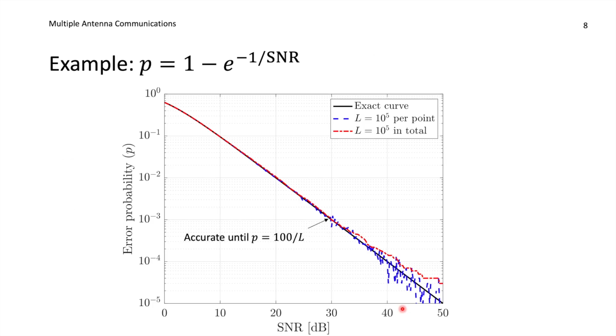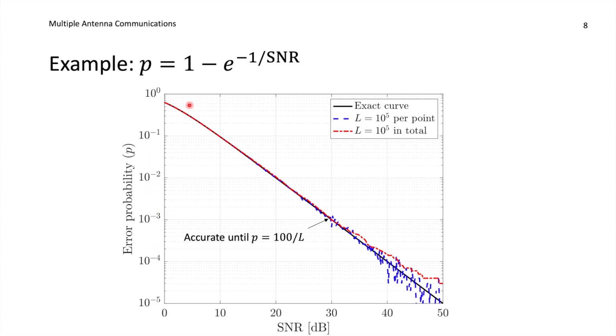And here's an example of this. In this case, the error probability is equal to 1 minus e to the power minus 1 divided by some kind of signal-to-noise ratio. And this is typical in communication systems, that the signal-to-noise ratio is determining our error probability. So here I'm showing the signal-to-noise ratio in decibel scale along the horizontal axis and the error probability along the vertical axis. And notice that we also have a logarithmic scale along that one.